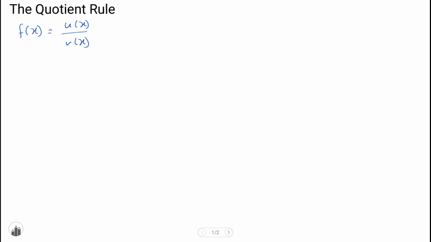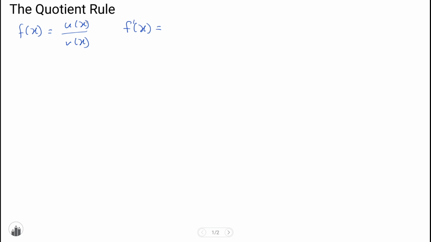So the formula for the derivative of this function is going to be as follows. It's relatively similar to how we use the product rule, but it's just a little bit different in the details.